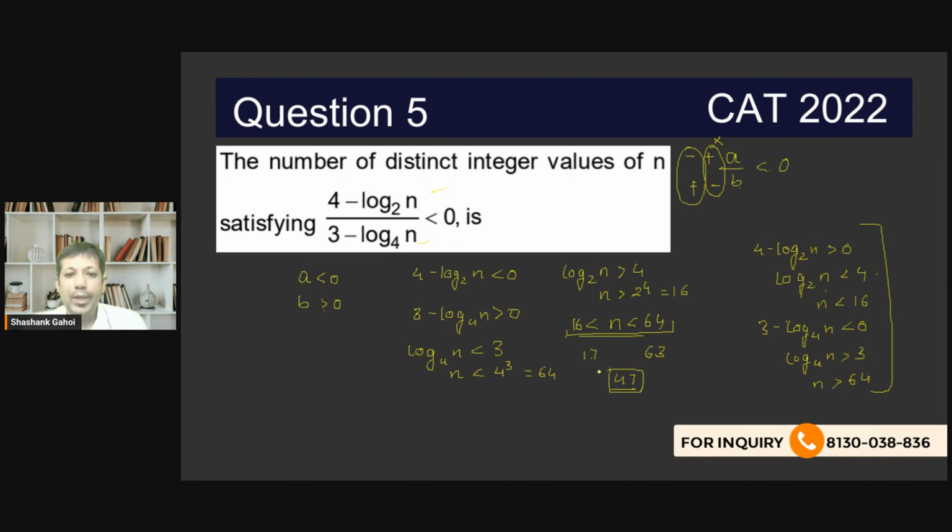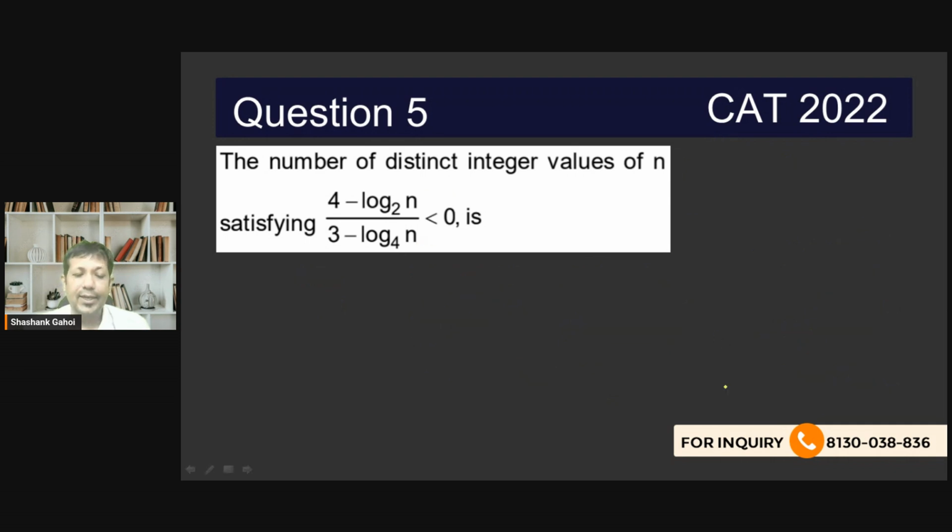Okay. Now let me take an alternate approach. We have already seen inequalities, we have already seen the questions that we have solved. So 4 minus log 2n upon 3 minus log base 4 of n, which is going to be one half of log base 2 of n, is less than 0. So the power 2 goes to the denominator.